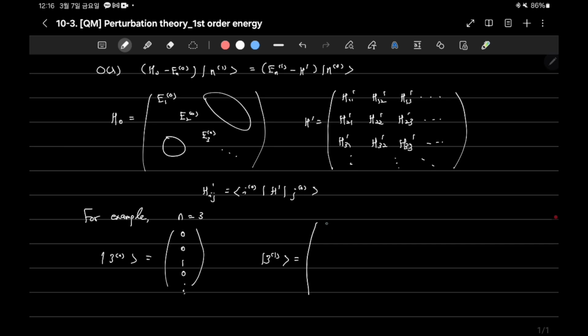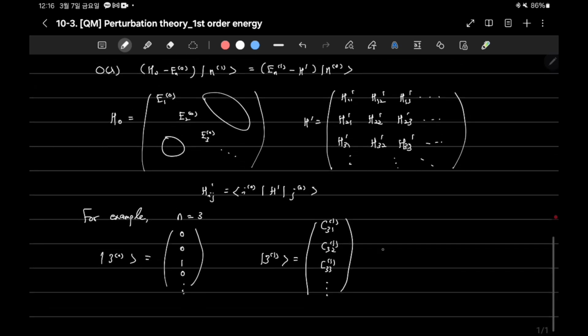In this case, in the vector representation, the first order state has components C31, C32, C33 at first order, because it is a vector. And here the C3m first order coefficient is given by the m0 and 31 states.